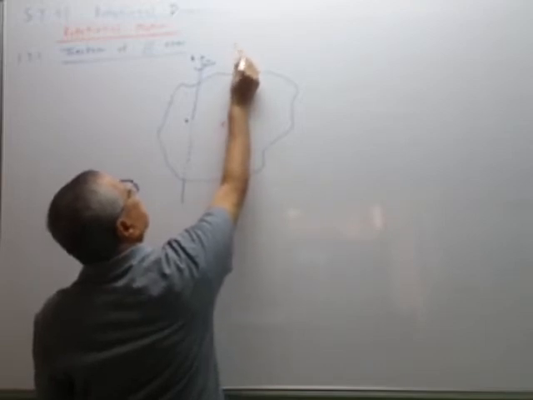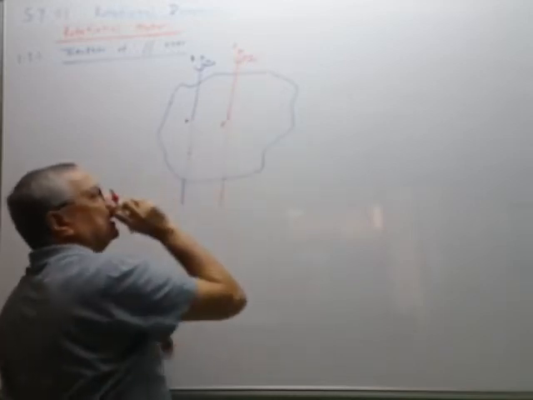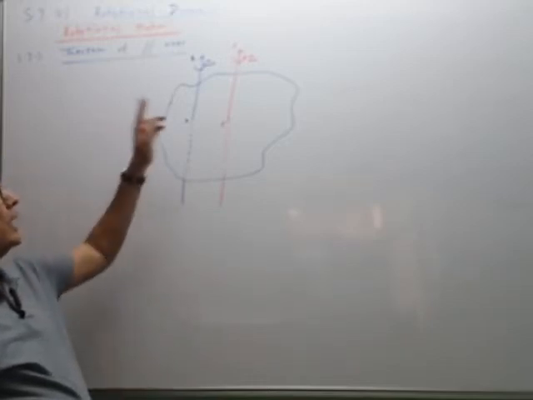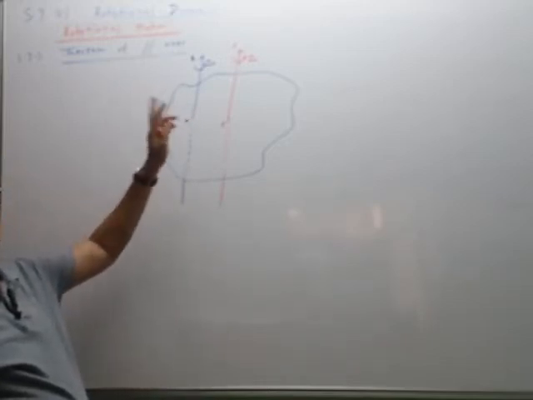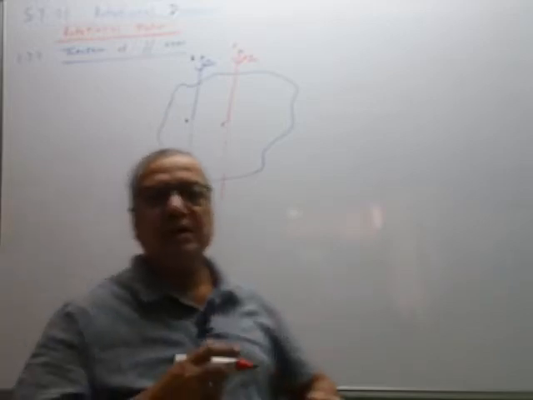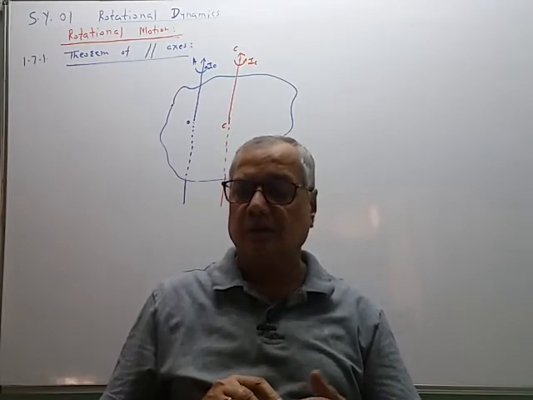So this axis is passing through the center of mass. So the moment of inertia of the body about it is denoted by IC. So IO and IC are the two values of moment of inertia. Now we know the factors of dependence of moment of inertia.